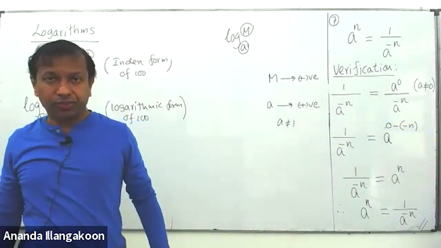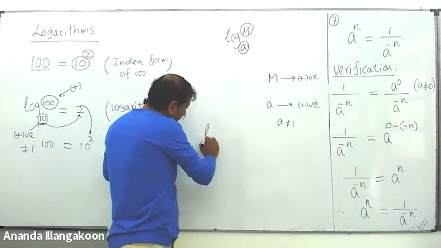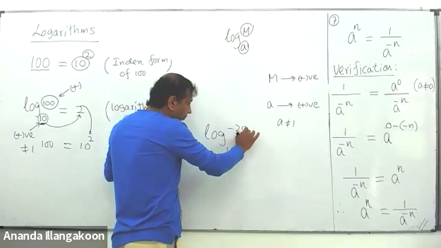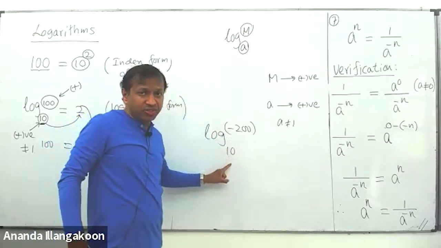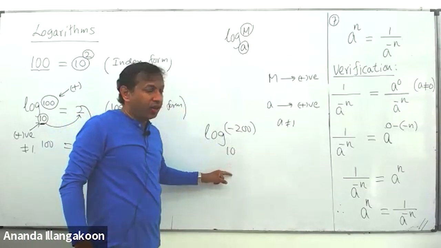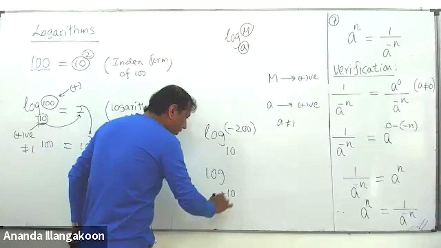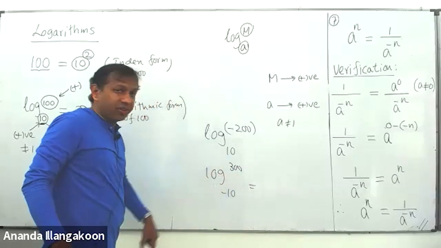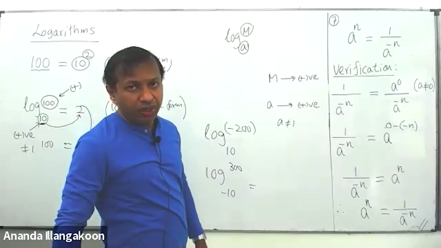Understood? The logarithms, right? People, in your books, have you ever seen something like this? Logarithm of minus 200 to the base 10? No. Have you seen something like this? Log of 300 to the base minus 10? No. The base of a logarithm cannot be negative.